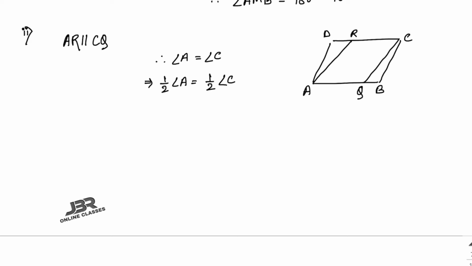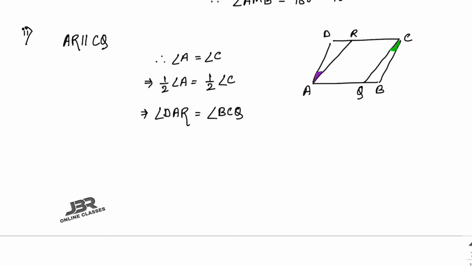As RA is the bisector of angle A, half of A means this angle DAR, and as CQ is the bisector of angle C, BCQ is half of angle C. So you can write angle DAR is equal to angle BCQ.